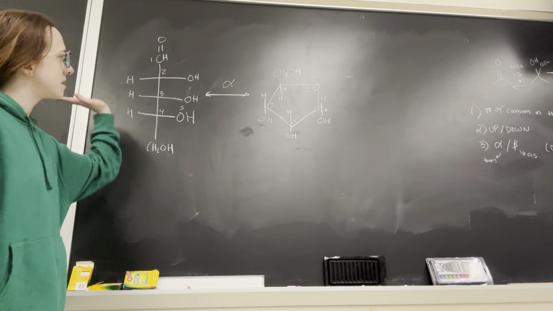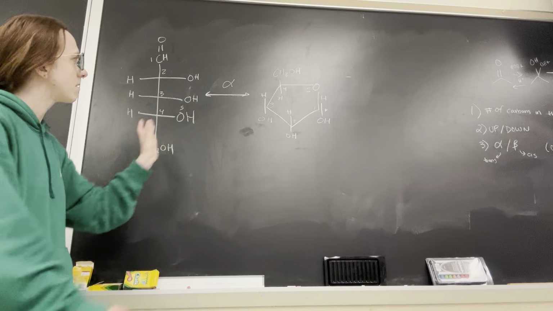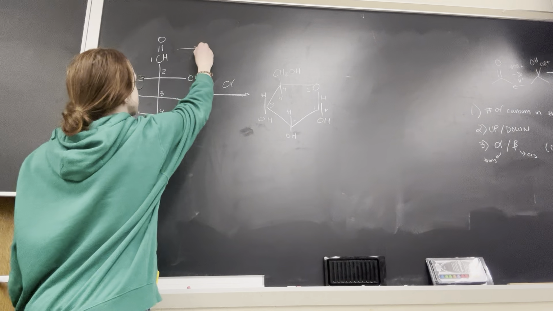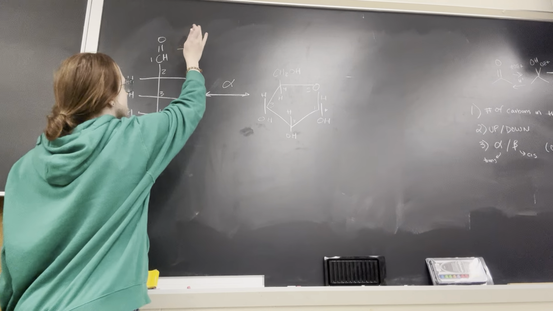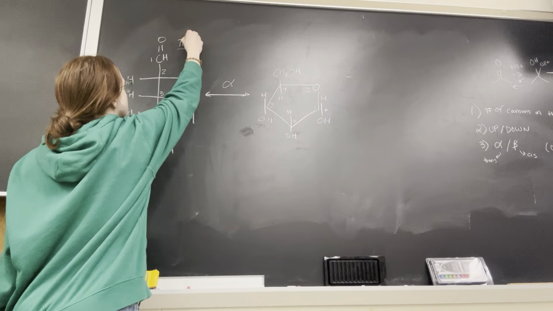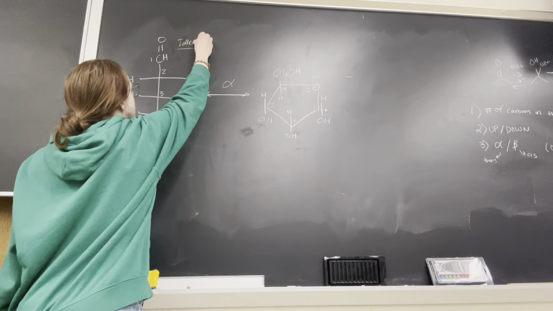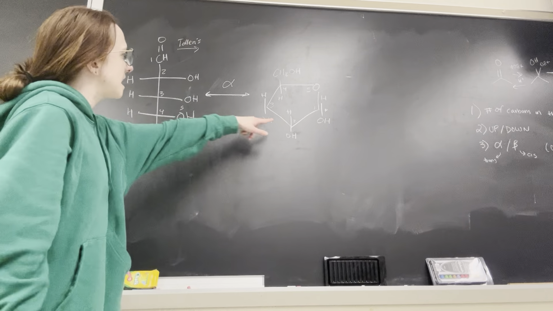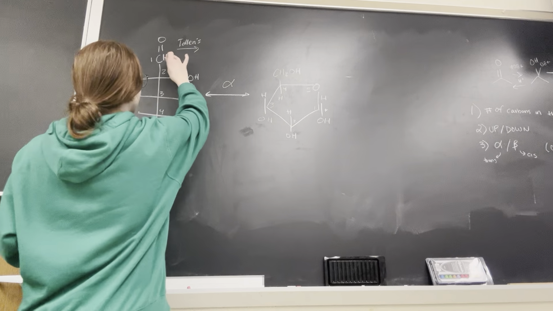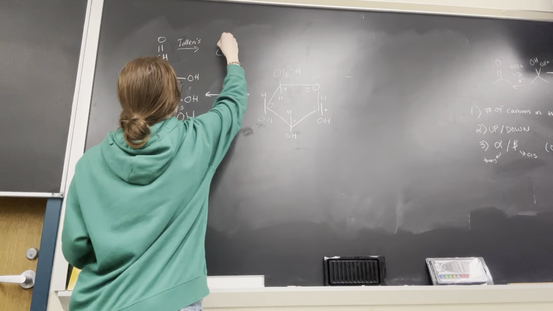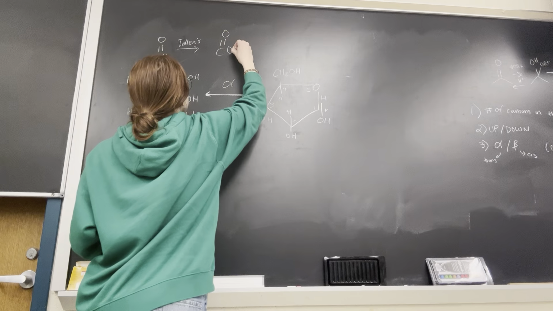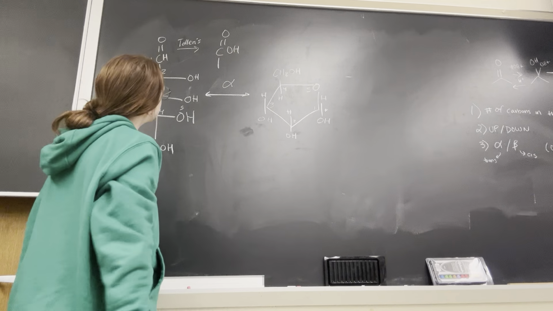And so, since these two are going back and forth, if I were to react this, we use the, what was it, Tollens? We'll use Tollens. If it's in this hemiacetal form, or the aldehyde form, that'll react.